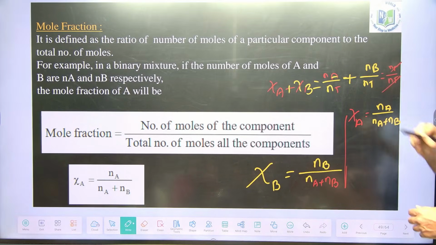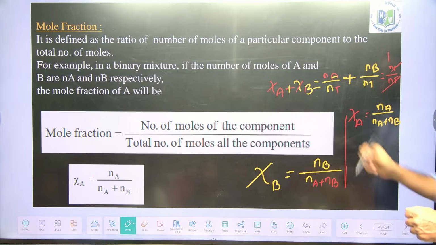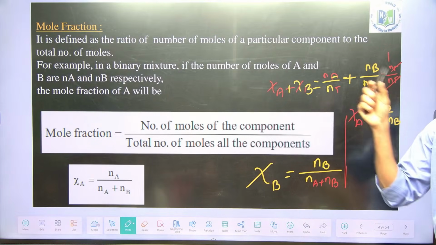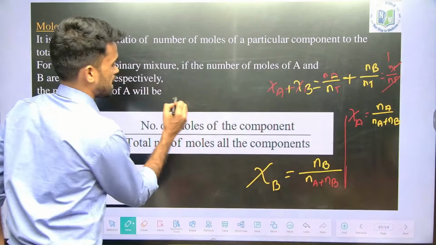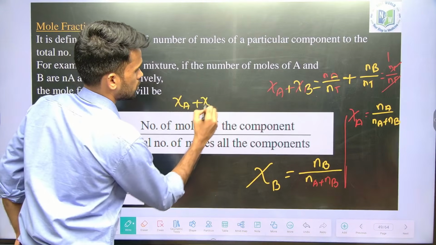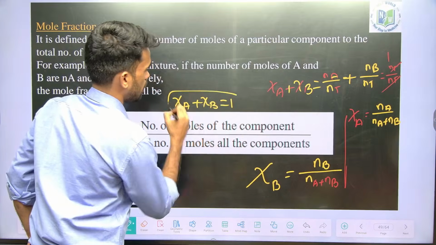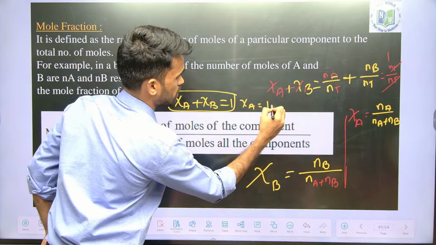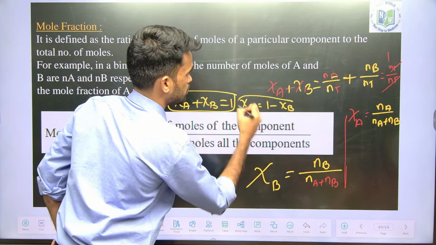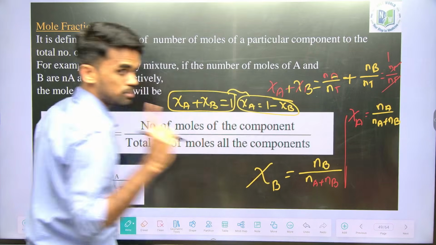If you cancel it out, the sum of mole fractions of a solution will be equal to 1. So Xa plus Xb is equal to 1. Or if I want only Xa, I can say this as 1 minus Xb. Remember this, we will use this in the solutions chapter later.